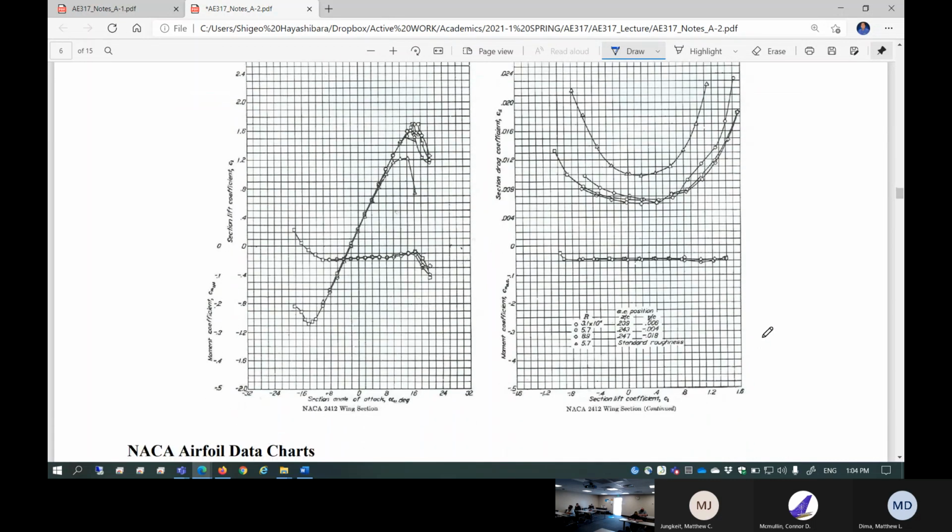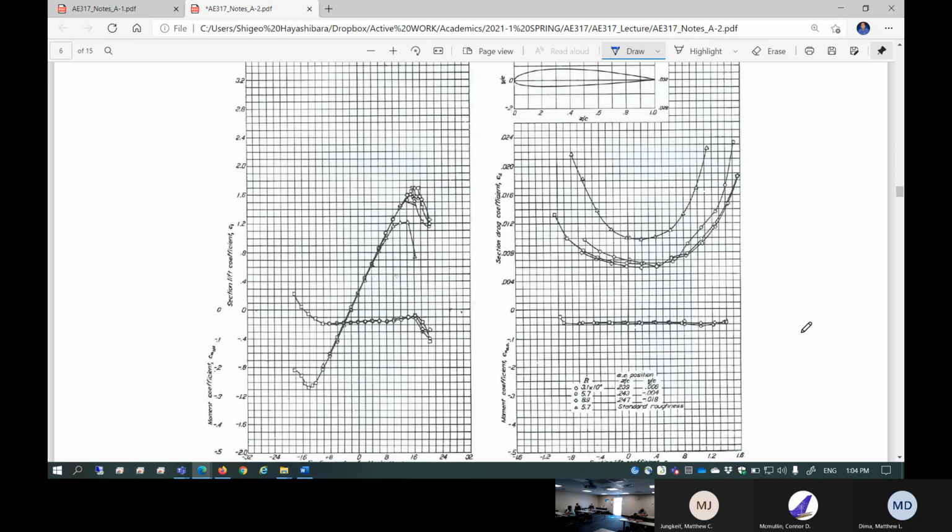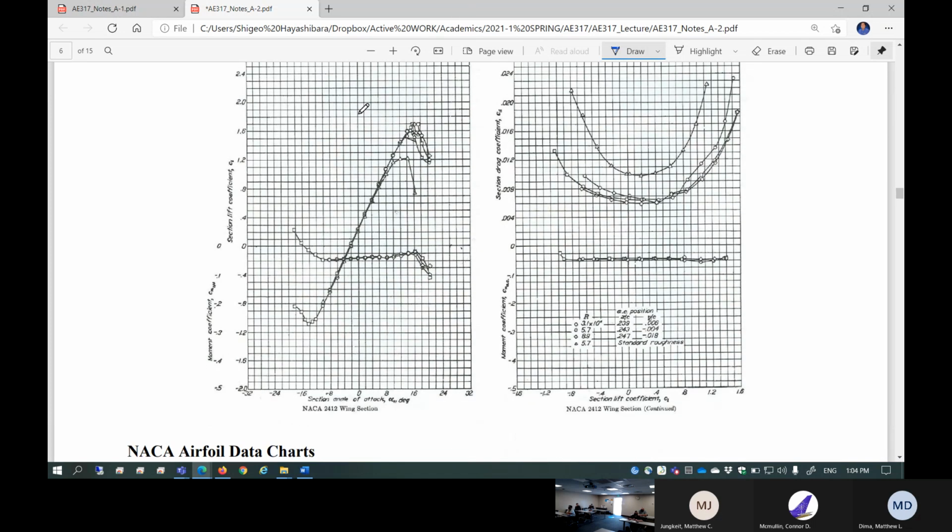Is this a flap? No, it's not a flap. It's a different roughness. Sorry for that. So one of the data sets is at Reynolds number 5.7 times 10 to the 6, but with standard roughness, you are going to simulate the rough surface. And this is the increase of drag coefficient due to the rough surface. Okay. The rest of them are smooth surface.